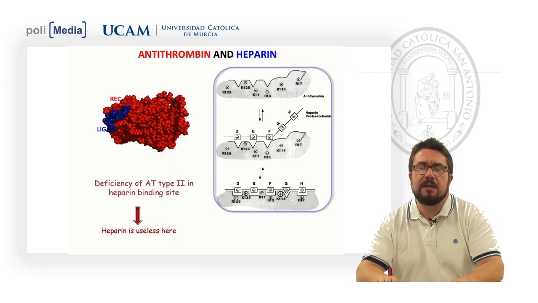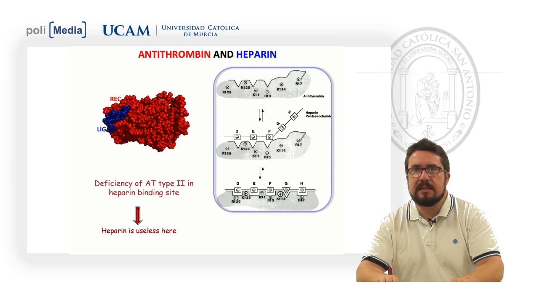Antithrombin is a structural protein that interacts with heparin. Both are now on the slide. And well, heparin usually needs 5 interaction sites with the antithrombin, but the problem is that in mutants of antithrombin, the interaction between heparin and the protein is partially, and in some cases, totally lost.